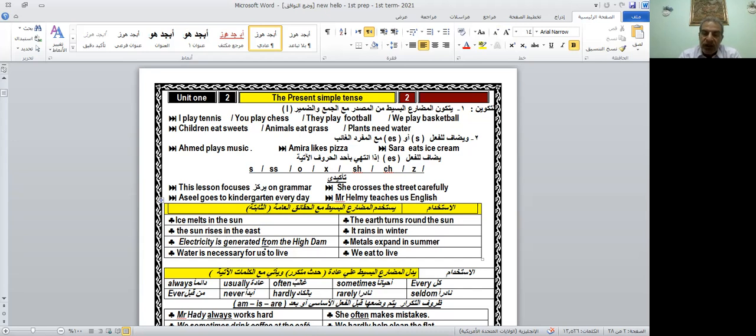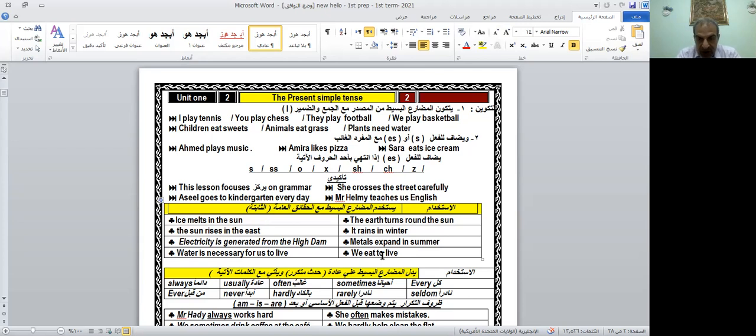Electricity is generated from the high dam. Water is necessary for us to live. The earth turns around the sun. It rains in winter. Metal expands in summer. We eat to live.